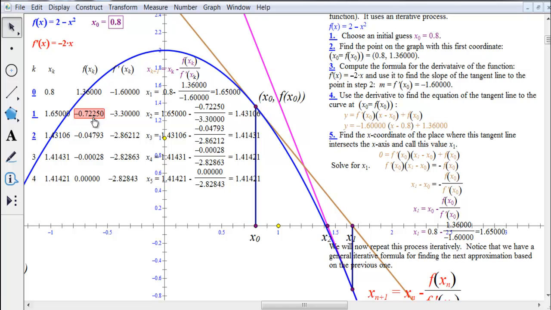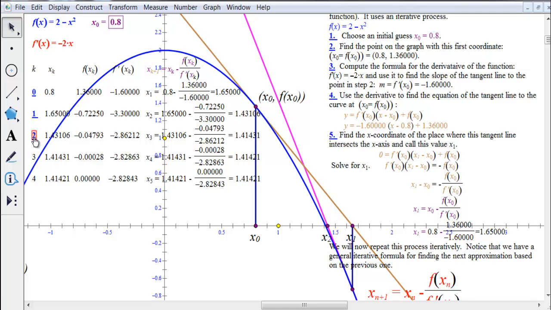Okay, and then we take the y value that goes with that, which is negative 0.72250, which is right here. Whatever that y value is, we find the derivative at that x value, which is just negative 2 times that x value, which is negative 3.3. And then we use this basic formula to find x2. We take x1 minus f of x1 divided by f prime at x1, and that works out to be 1.43106. That becomes the input for the next stage.